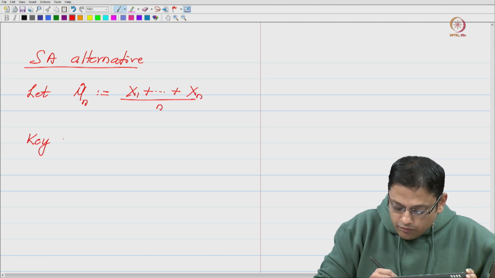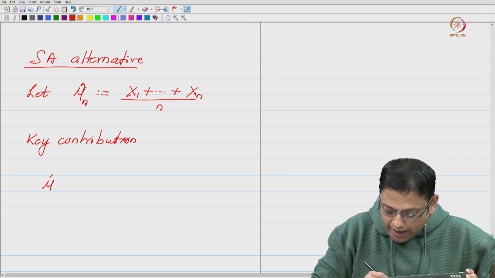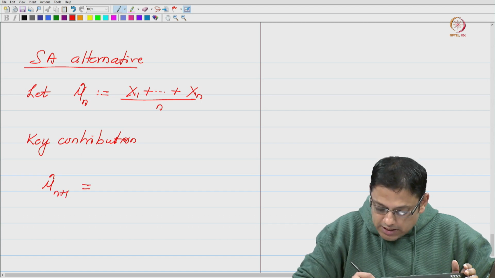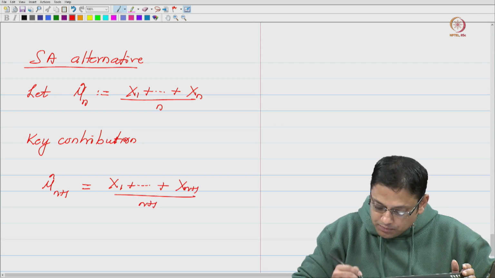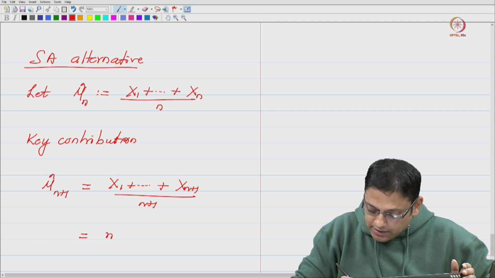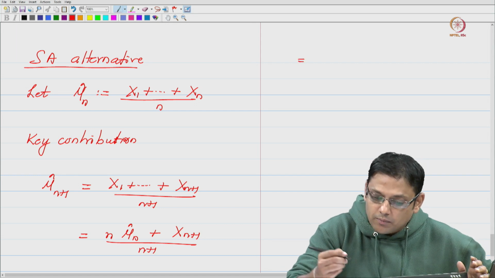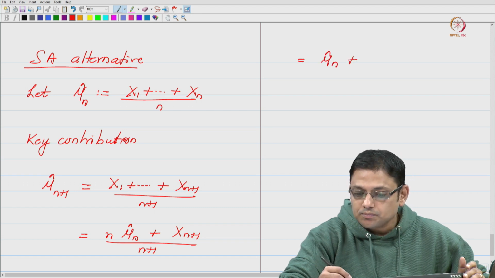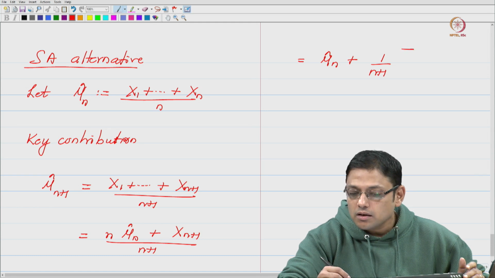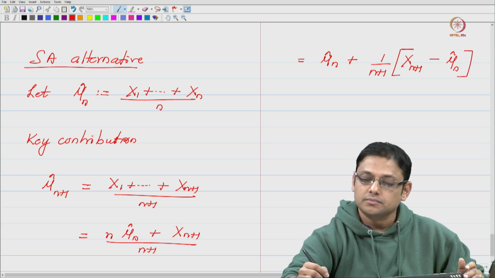Then one can make this very easy observation that mu hat n plus 1, which is equal to (X1 all the way up till Xn plus 1) by n plus 1, satisfies the relation (n times mu hat n plus Xn plus 1) over n plus 1, which with some further algebra can be shown to equal mu hat n plus 1 over n plus 1 times [Xn plus 1 minus mu hat n].